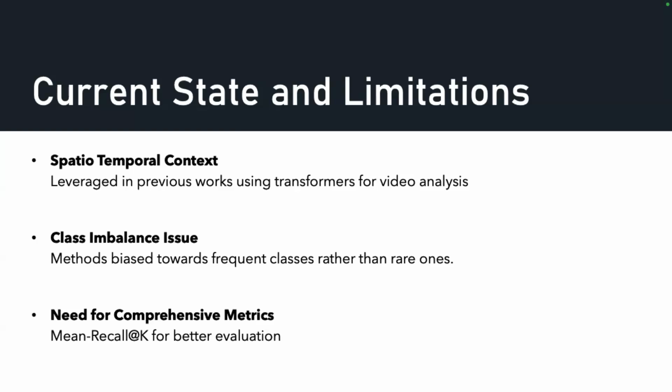But mean recall at k will give us a sense of how it is performing across the different relations in an average manner. It gives equal weightage to the rare ones as well, and hence it is a better metric for evaluation than just recall at k.